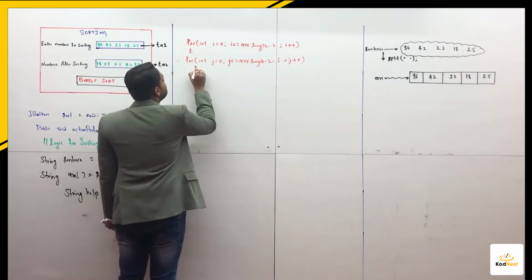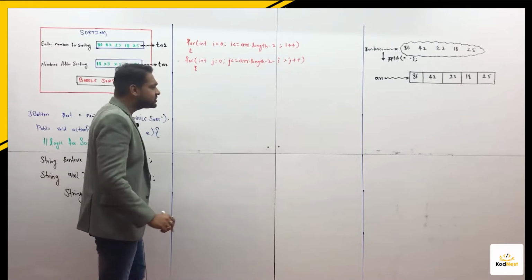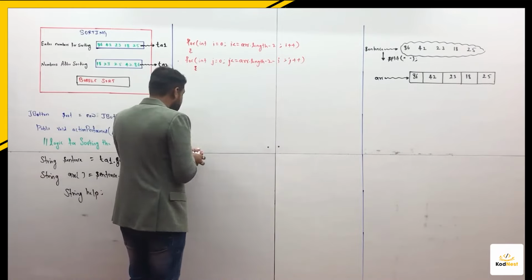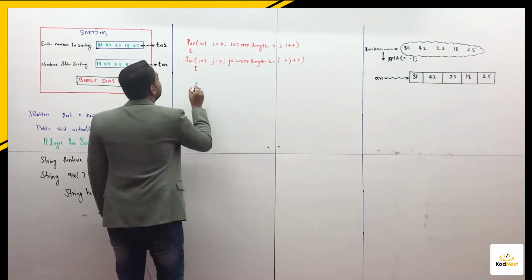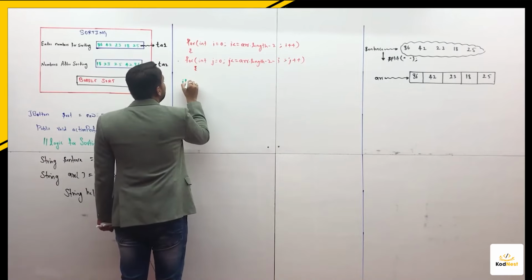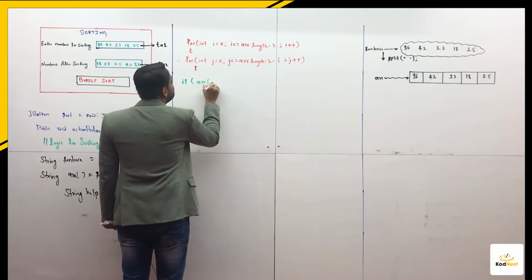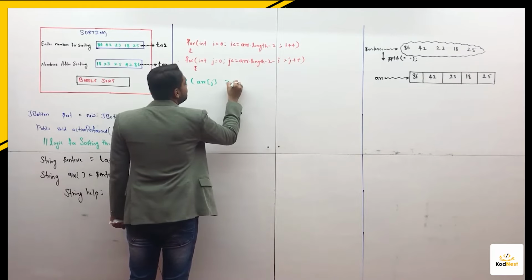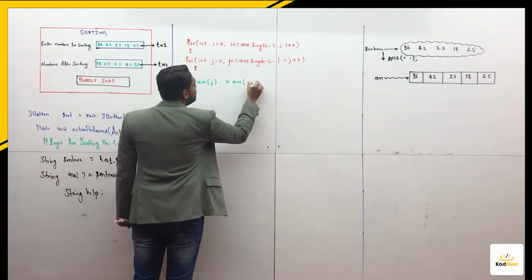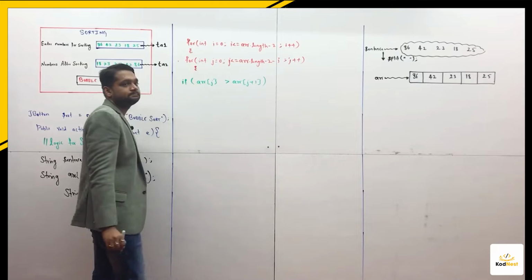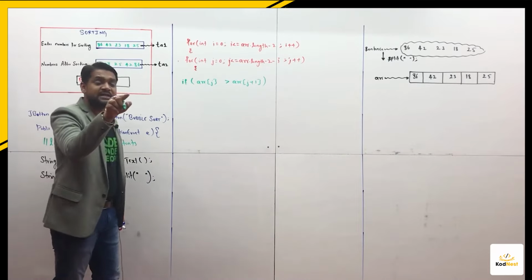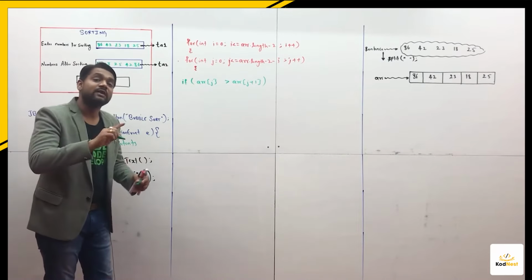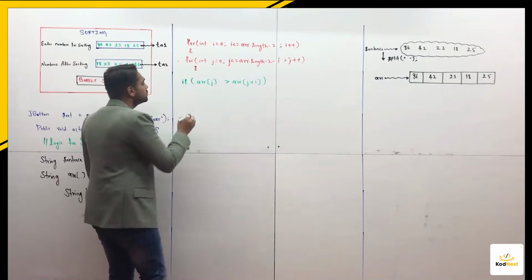In every comparison, just check, this is very important, if at all array of j is greater than array of j plus 1. If it is greater, what do we have to do? We have to swap the contents. How do you swap?